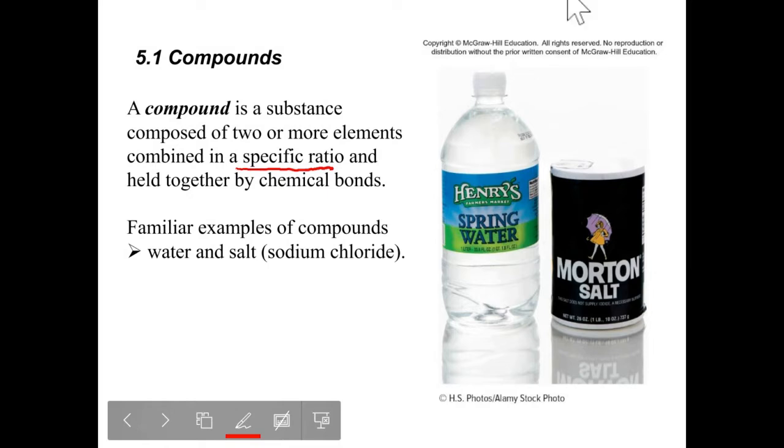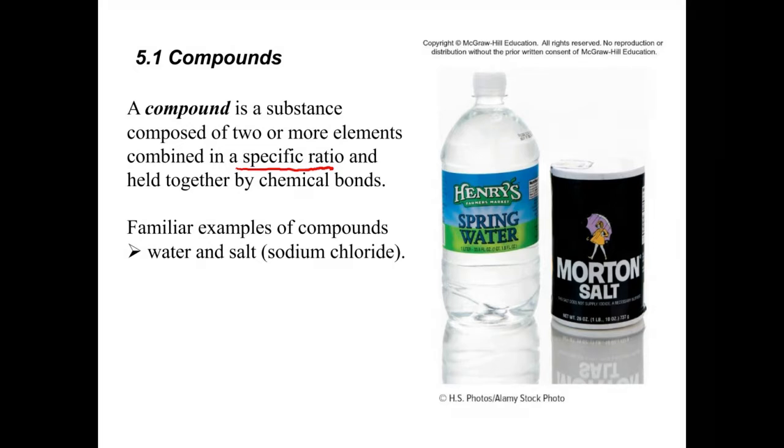Try to get rid of that little bar down at the bottom. There we go. Okay, so basically a compound is just a couple atoms put together, maybe a few atoms put together, or even huge, a lot of atoms put together. But the point is that they're put together in a specific ratio, and they're held together by chemical bonds.